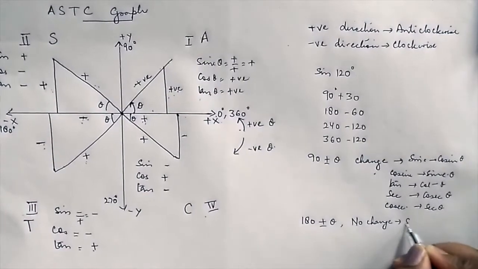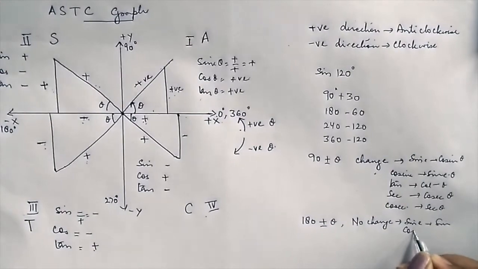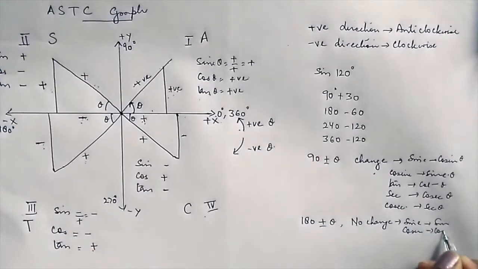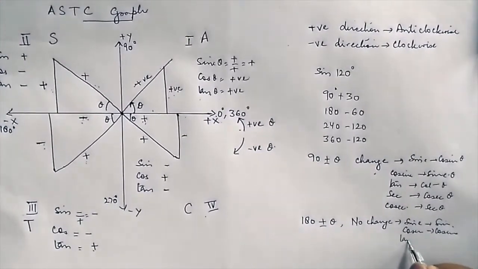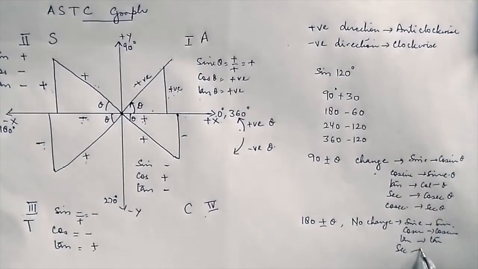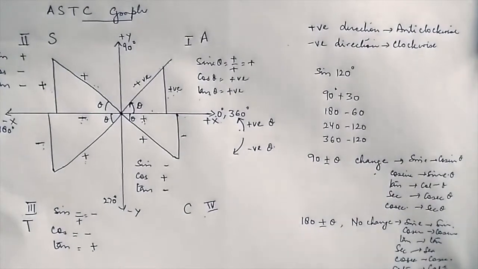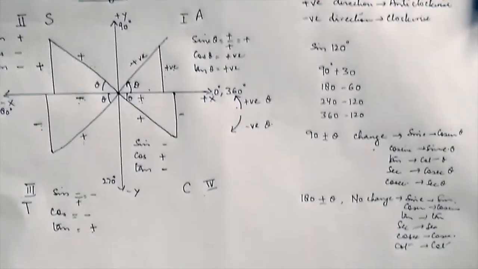No change means sine remains as sine, cosine as cosine, tan as tan, sec as sec, cosec as cosec, and cot as cot.